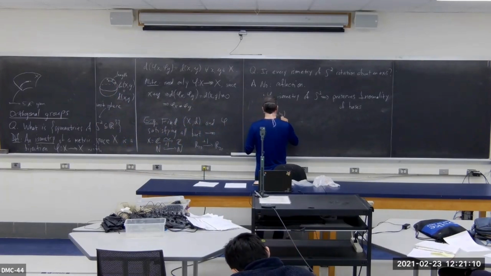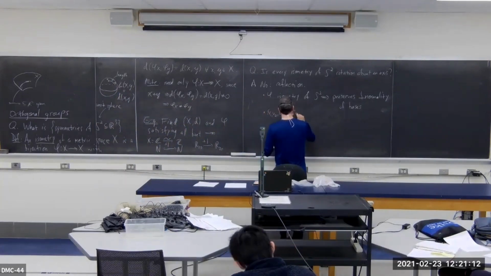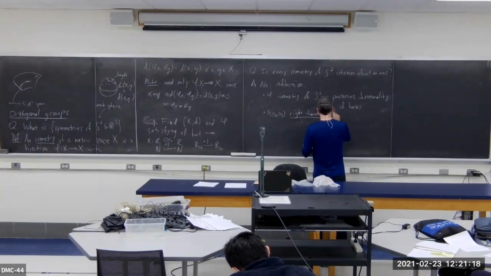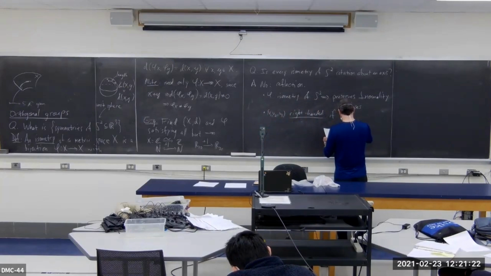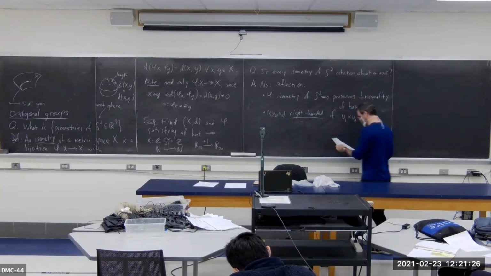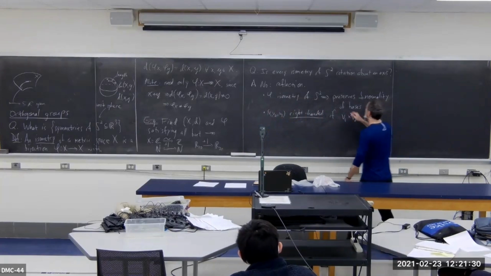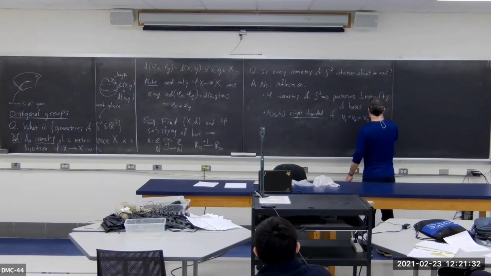Okay, let's define V1, V2, V3 to be right-handed if, and here's more or less what Ben was saying, V1 cross V2 is equal to V3. So what's the picture here?